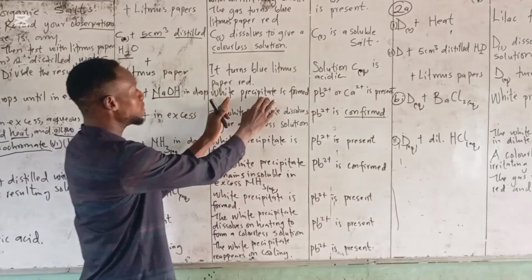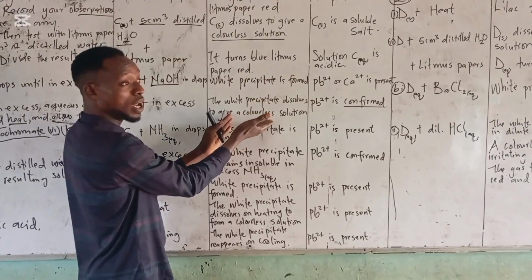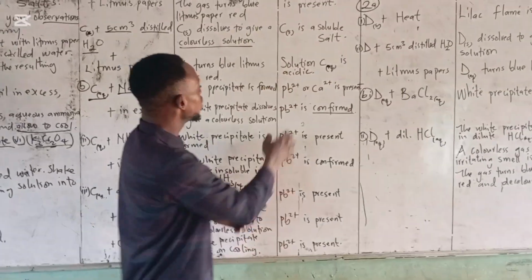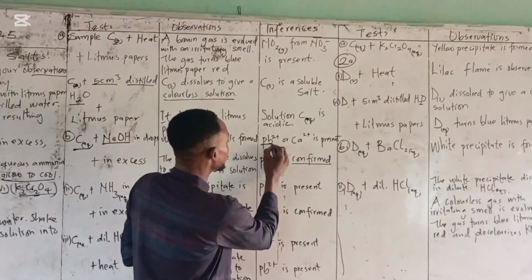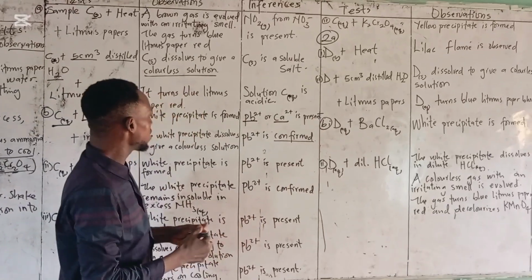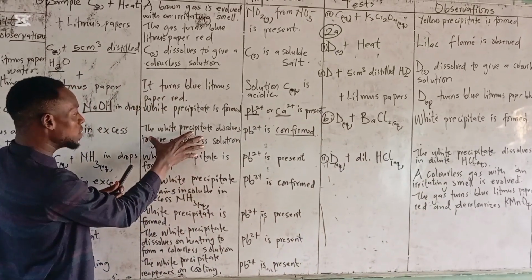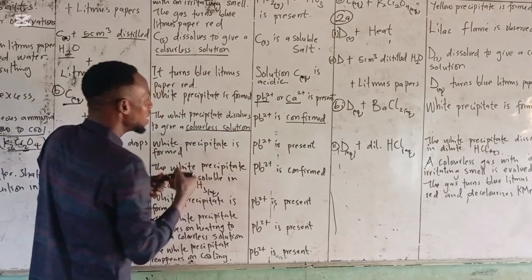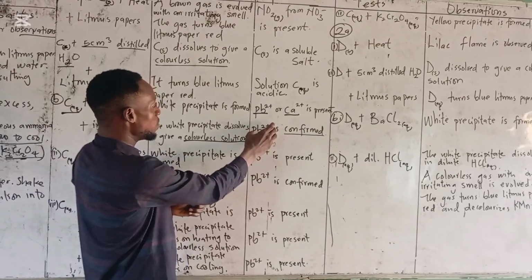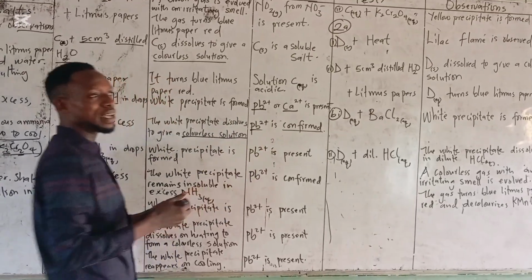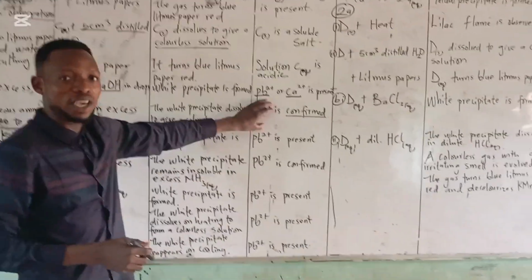In our inference, this shows that Pb2+ or Ca2+ ions are present. But immediately we see that the precipitate dissolves to give a colorless solution, that confirms Pb2+ is the cation present.